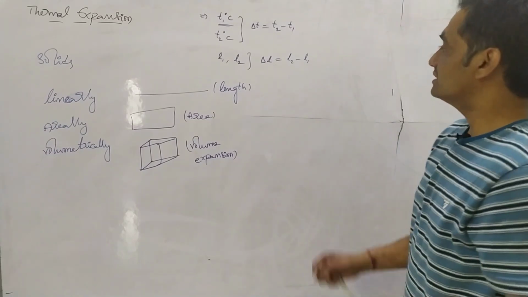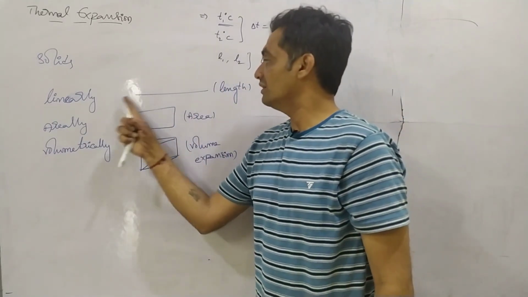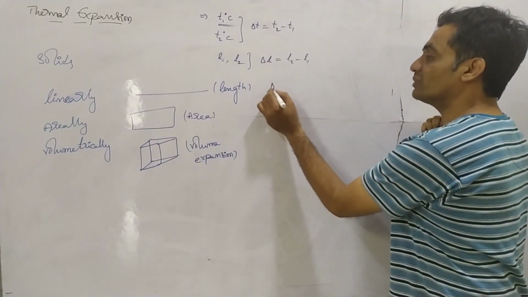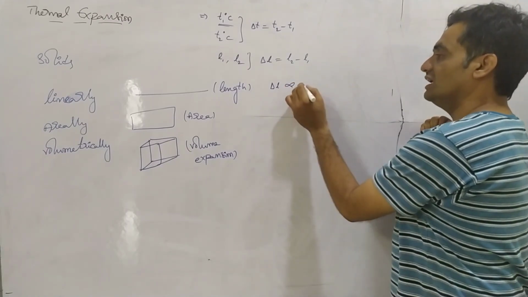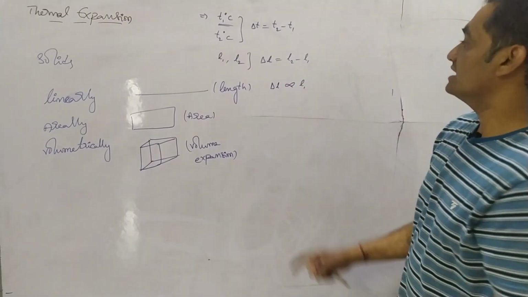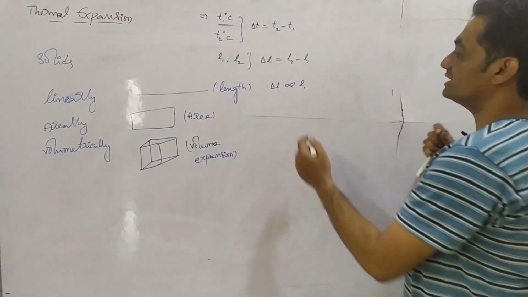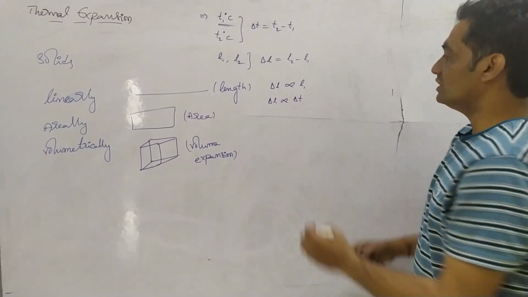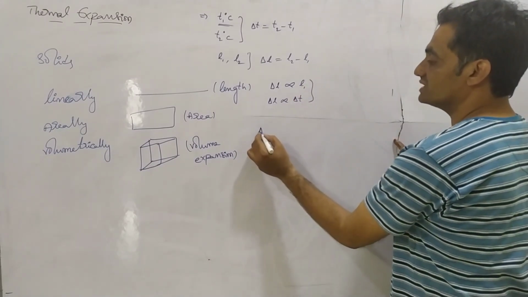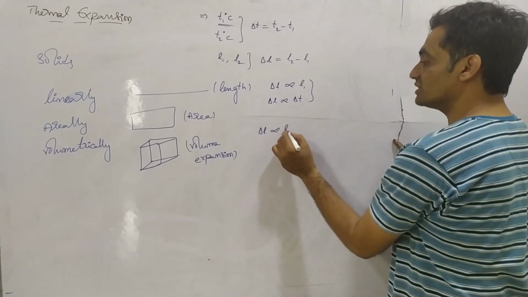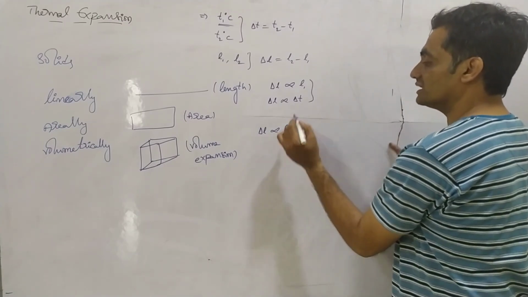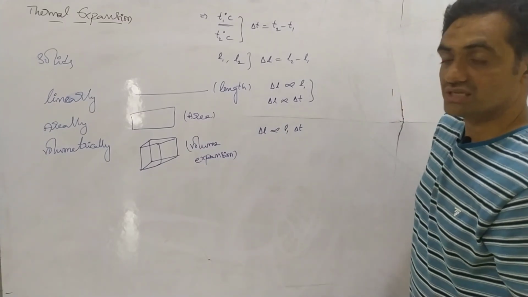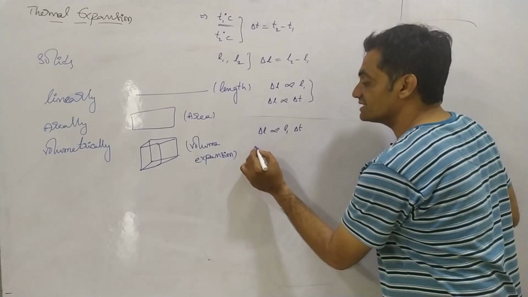Here the change in the length for a solid body is directly proportional to the initial length of the rod as well as the change in the temperature. So based on these two, we can represent that delta L is directly proportional to L1 into delta T. In order to remove this proportionality, we have to add a constant, which is represented as alpha.